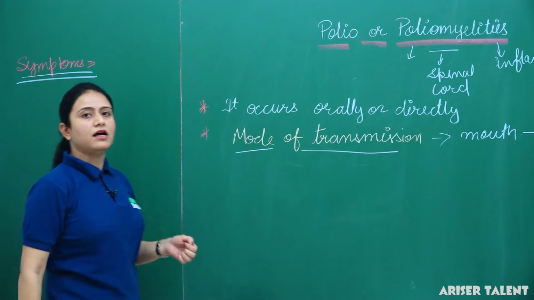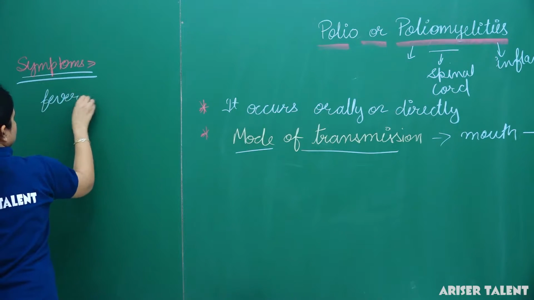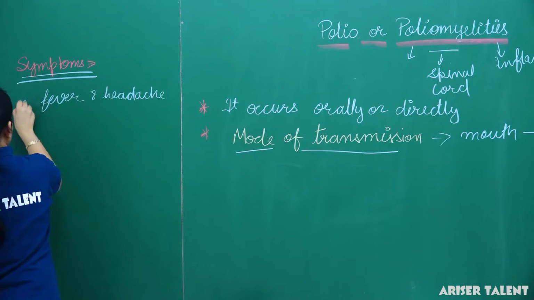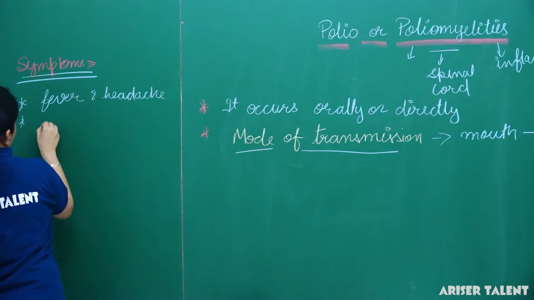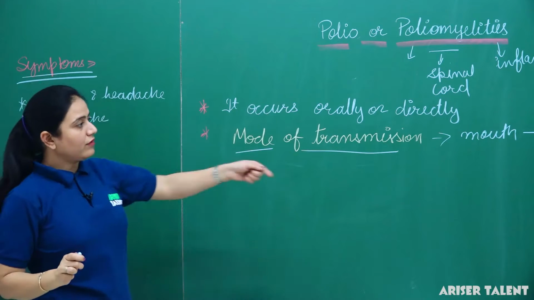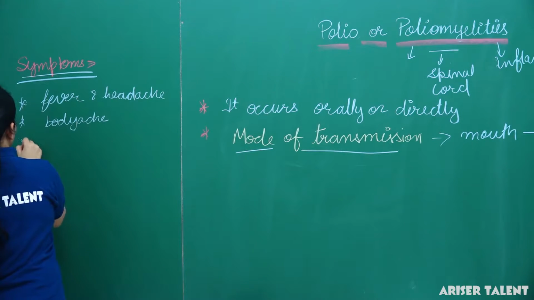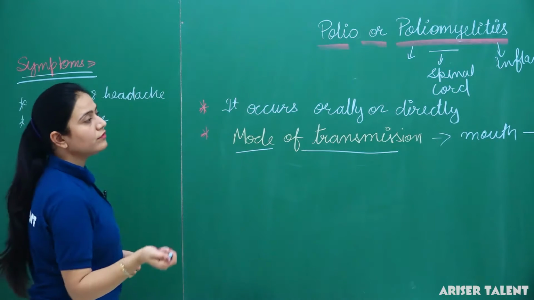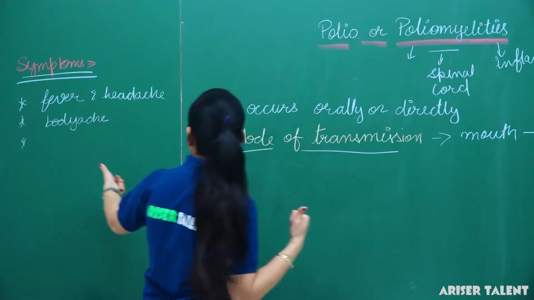Symptoms of this disease are fever, headache, ache in joints and pain, we can say body ache, because it affects the muscles, then muscles stop working, and then it causes paralysis of limbs. Now next we will talk about the precautions.